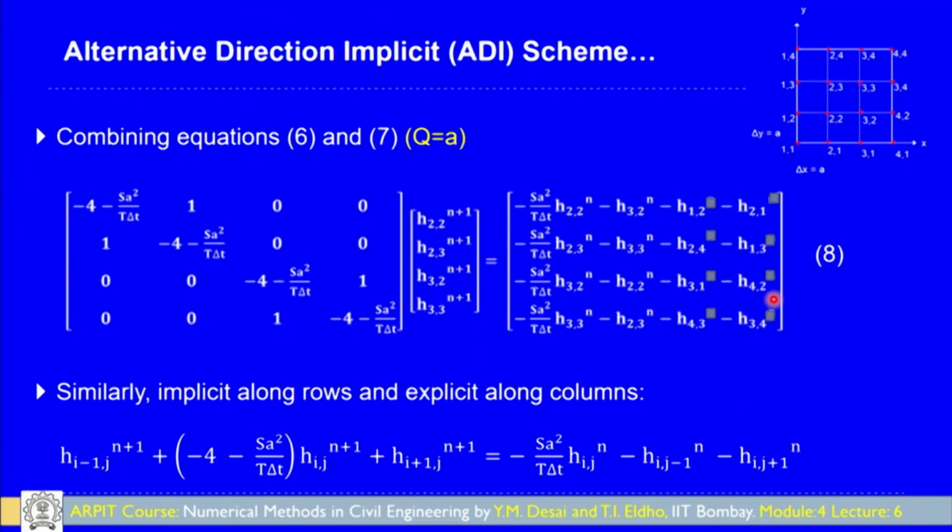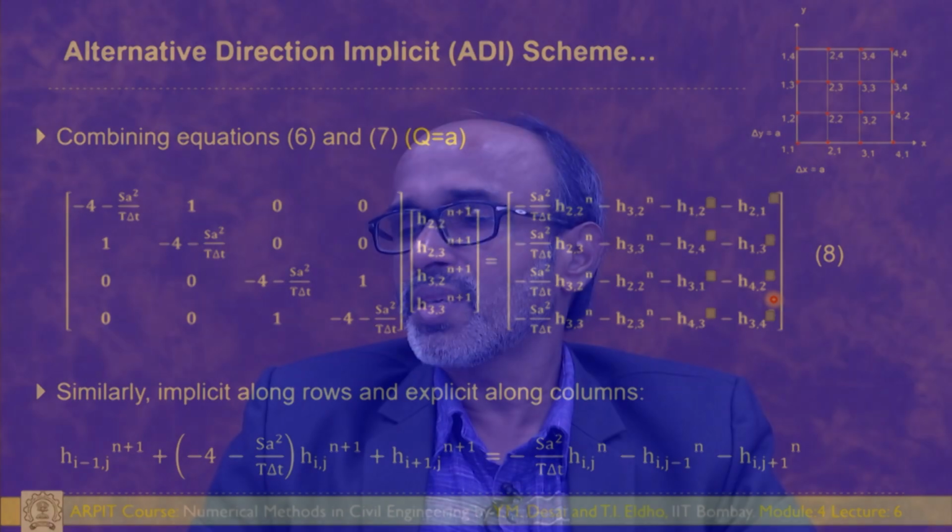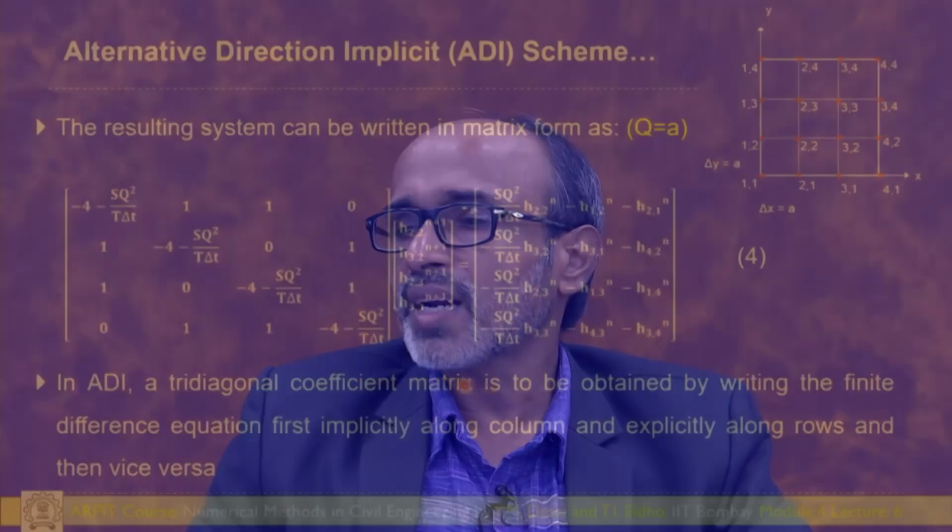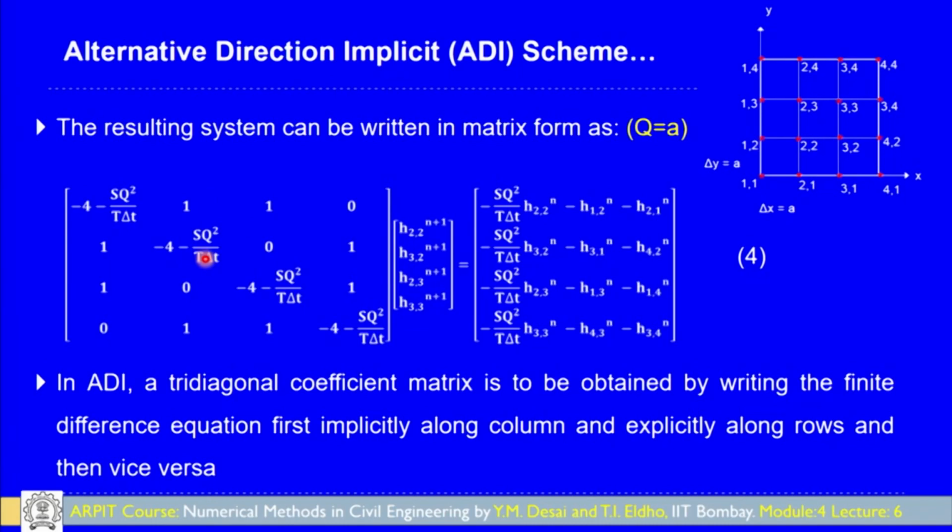So, as you can see, in the ADI scheme the main concept is that we want to get a tridiagonal coefficient matrix, which initially is not tridiagonal.